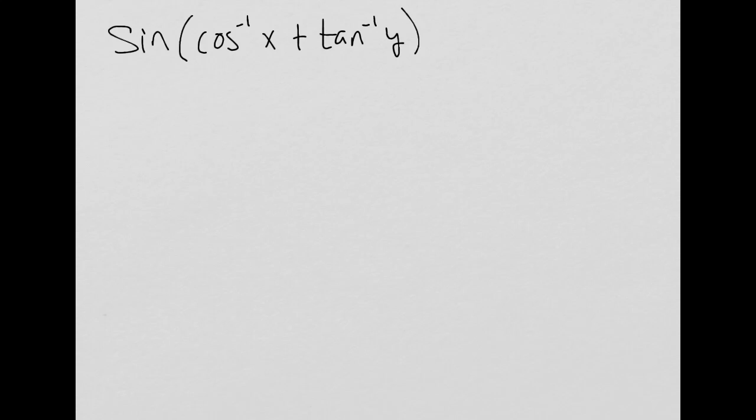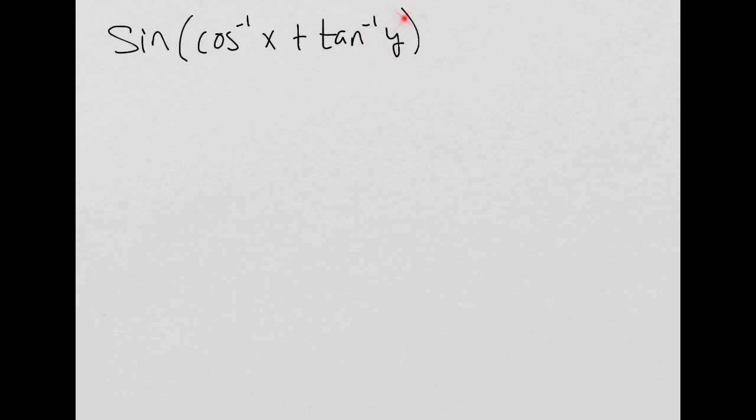Now, if I want to figure out this cosine inverse of x and tangent inverse of y, here's how I want to deal with this. If I just use the addition formula for sine, it's going to get messy pretty quick. So I'm going to introduce some new notation. We know that I'm plugging in some number x, and cosine inverse should spit out an angle.